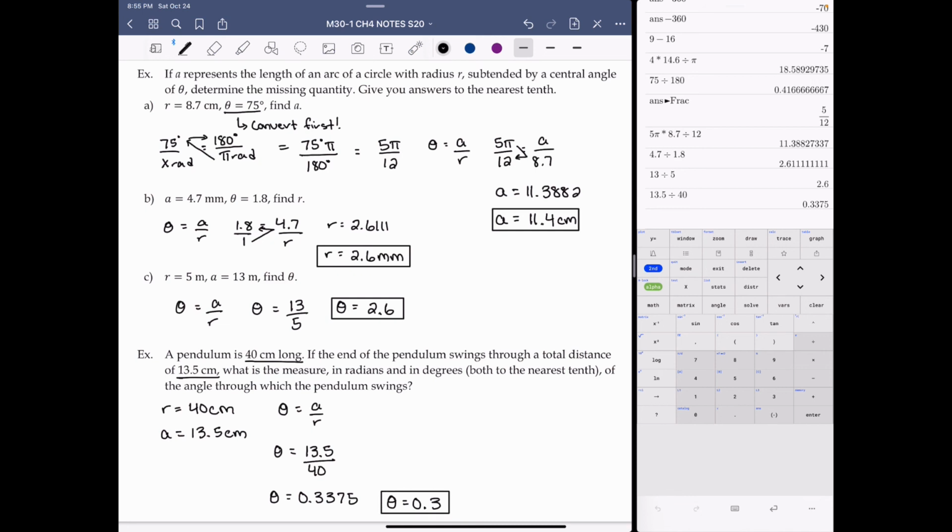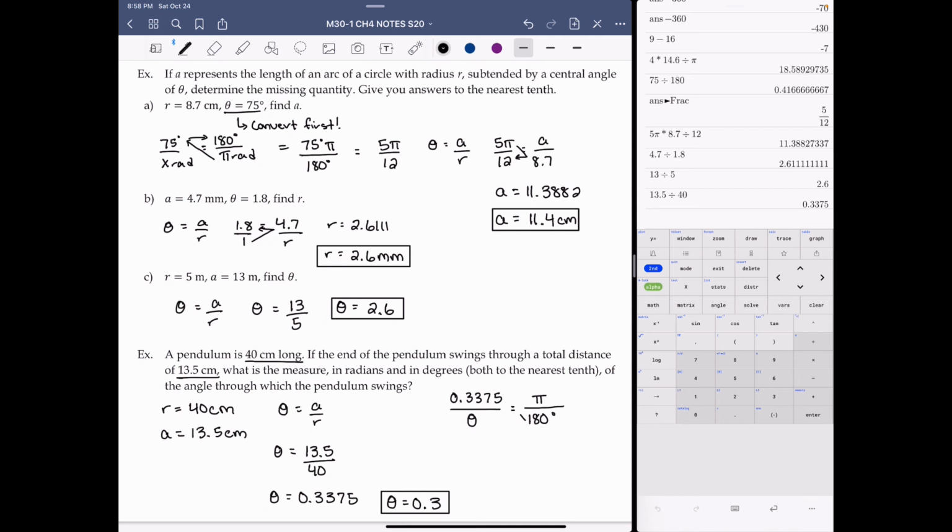And then we'll change that to degrees. 0.3375 over theta, our unknown angle in degrees, is equal to, we know pi radians is 180 degrees. Fractions are matched in order, so radians are on top, degrees are on bottom.